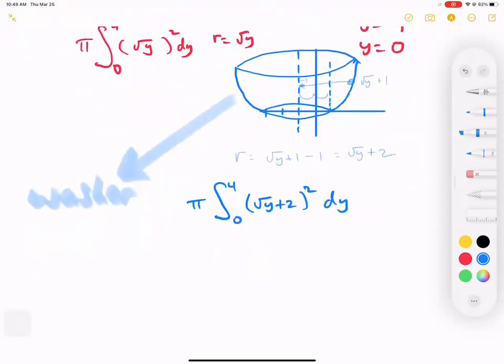Now what if I kept these constraints? What if I said x is equal to the square root of y plus 1, and the graph is bounded by x equals 1, y is equal to 4, and, yeah, I think that's all we need, right? Yep, those are all the constraints we need.